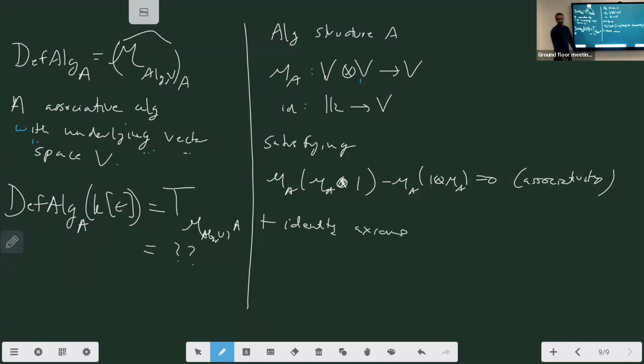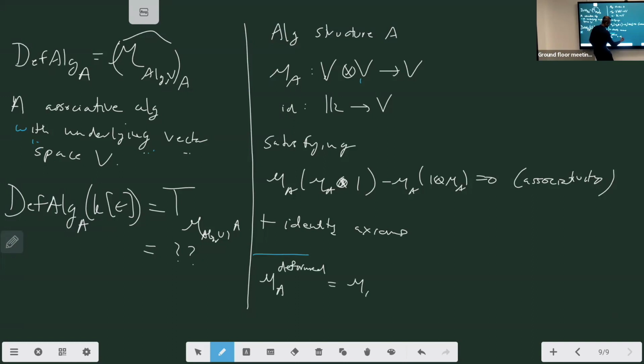So if you want to study deformation of this over K[epsilon], you're just looking to perturb mu_A, or to write mu_A deformed is mu_A plus epsilon times some theta, where theta is also a map from A tensor A to A.